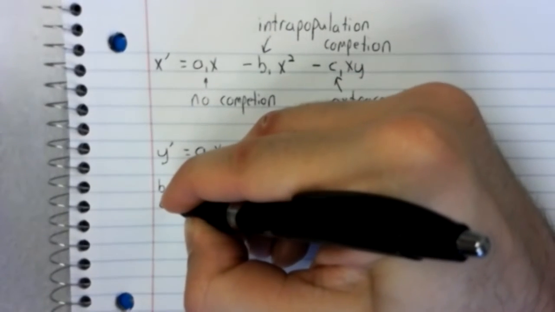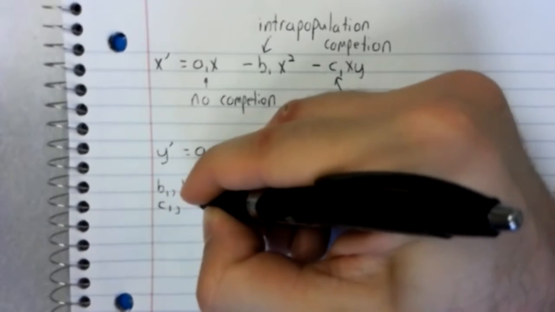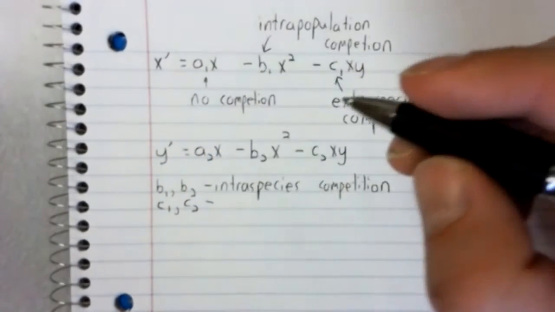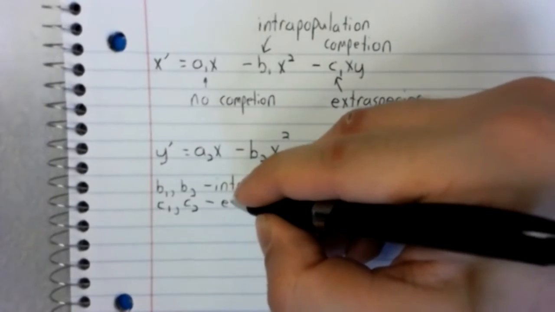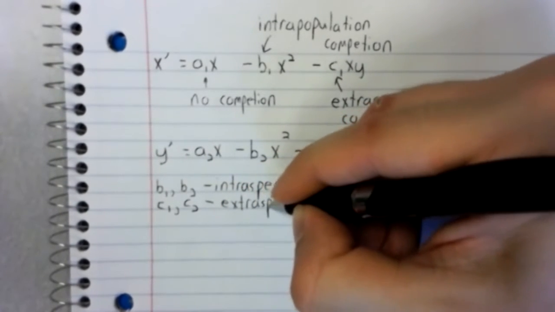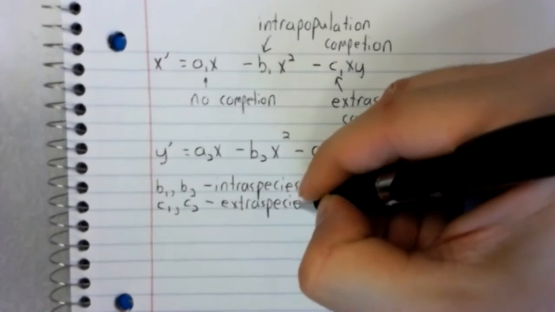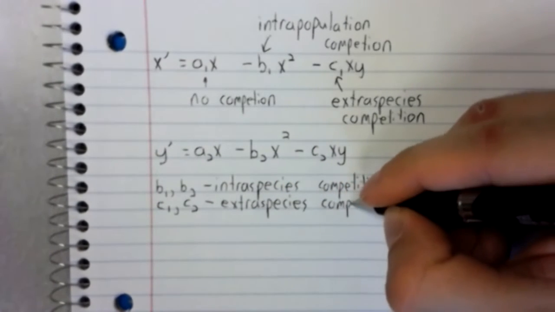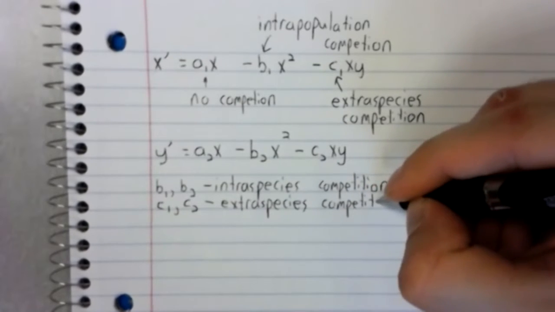And these C sub 1 and C sub 2 terms represent extra species competition.